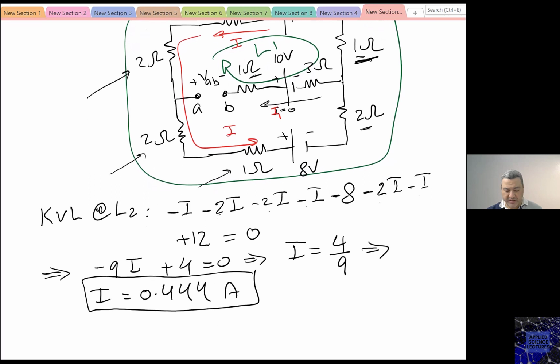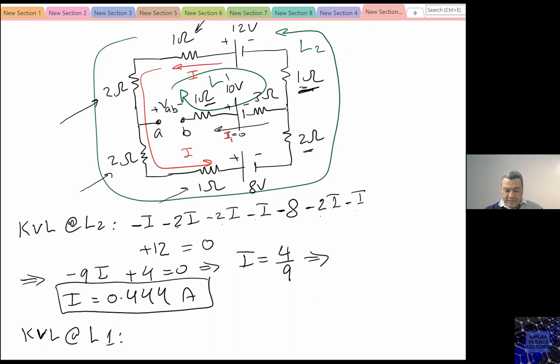So in this case, I would say KVL at L1. Let's write KVL for loop number 1. So I have L1 going clockwise, and it's anti-parallel to I, which means it will be written for the resistors as positive.